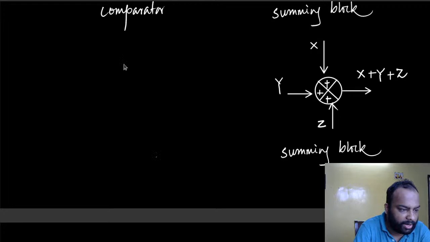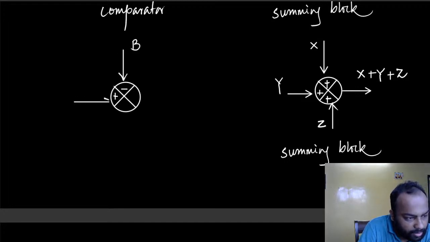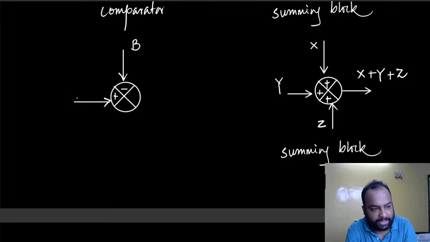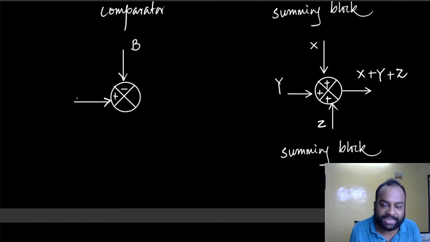Okay, let me just draw it once again because I messed up. So I can have a comparator that kind of looks like this. So B is coming from top. Again, this is just like a circuit representation, right? Whether it is actually coming from the top of another signal, that makes no sense, right?